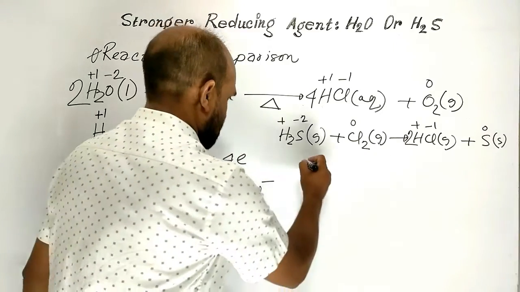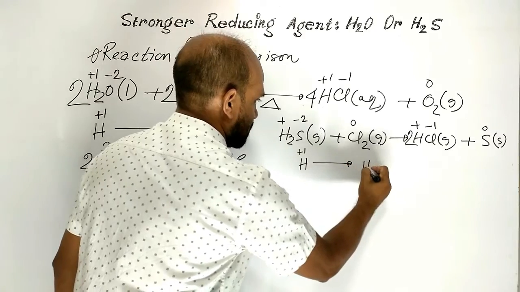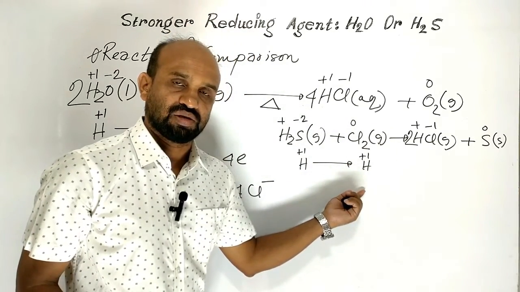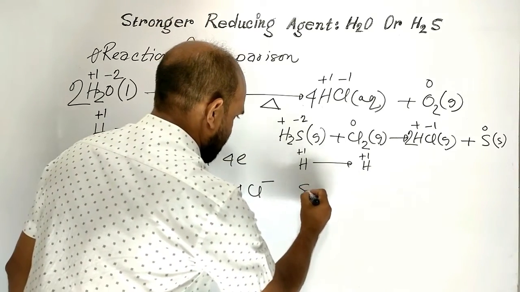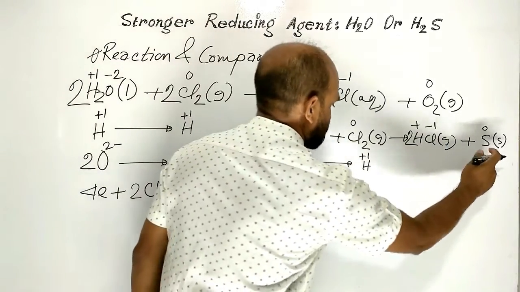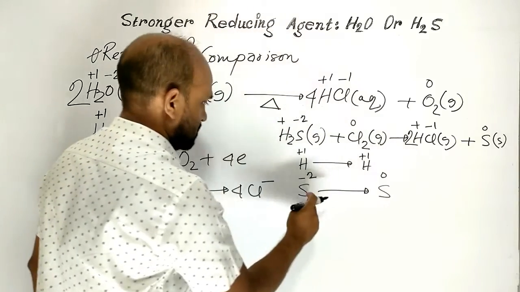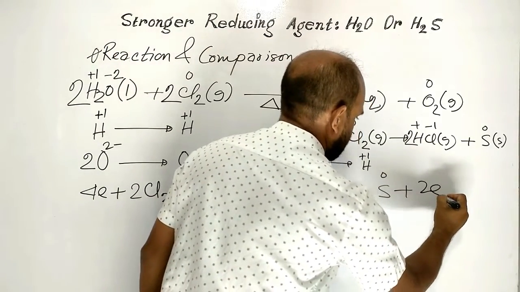Here oxidation number of hydrogen is +1 to +1. So no redox happens in hydrogen. But in sulfur, oxidation number -2 changes to 0 oxidation number. That means sulfide ion donates 2 electrons.